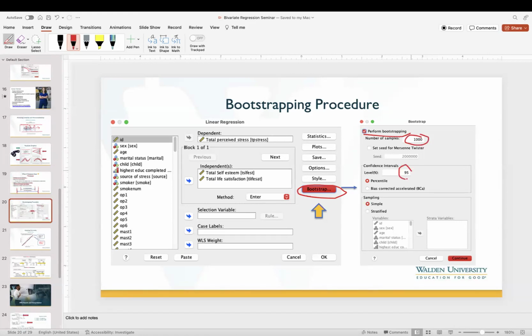Make sure 95% confidence interval, and you hit continue. What bootstrapping does is it goes into that data set and resamples 1,000 times. And as we start resampling, data starts showing us a normal distribution and things just seem to magically start happening to data.